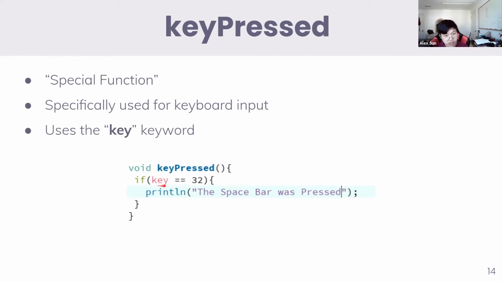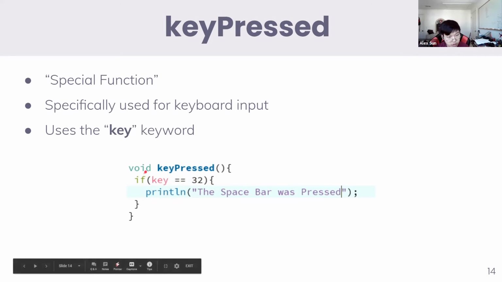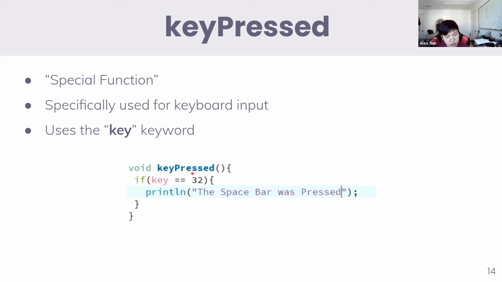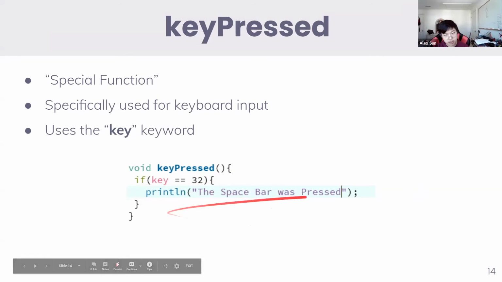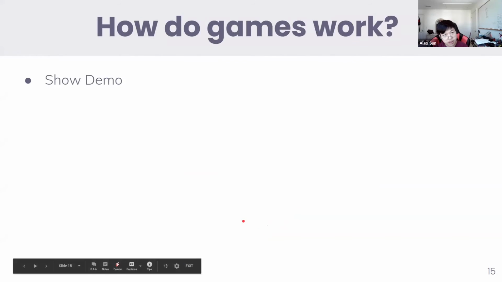So key equals 32 is the space bar. But you can also do the character 'a' for the A on your keyboard, or other things. For this project, we'll be using the space bar, which is 32. So if key double equals 32, you can do something like println the space bar is pressed, or do something else. That's basically what keyPressed looks like, which is very fun.